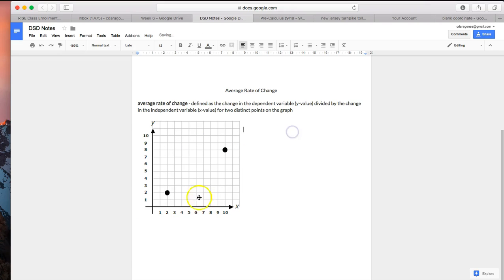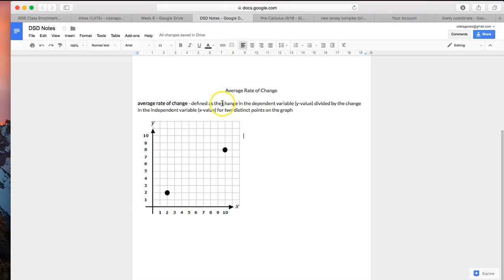Okay? So 2 points on the graph. They could represent anything. Maybe for 2 pizzas, you'd spend 2 hours making them. But maybe you get really fast at making them. So for 10 pizzas, you only need 8 hours. It could be really anything. But 2 points on the graph, 2, 2, and 10, 8.